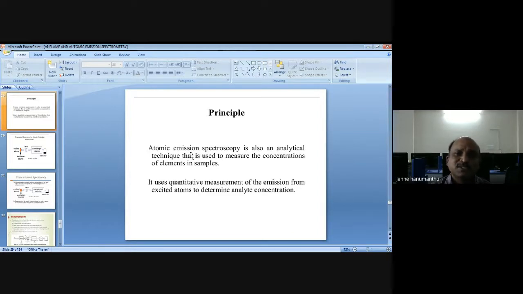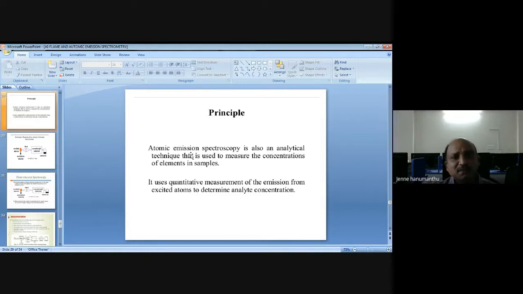So through this input process, we want to excite the atoms within the elements of the sample, so that when they return back, they will release some photons. Those photons we are going to capture with some available optical technique, measure, and record. Based upon that analysis, we can say how much quantity of element is present in the sample and how much concentration is present in the sample.